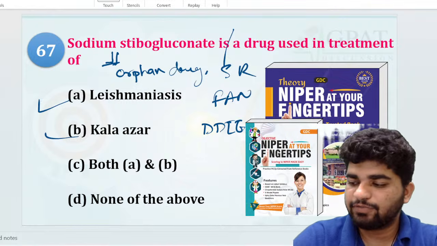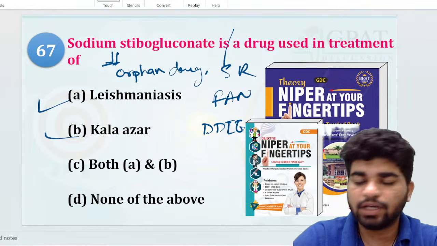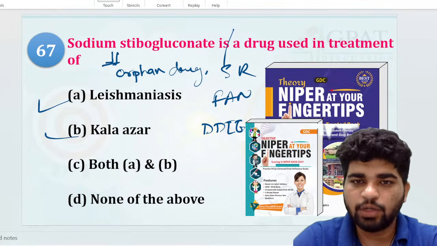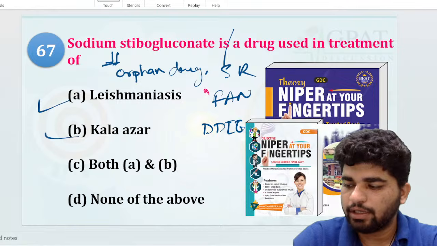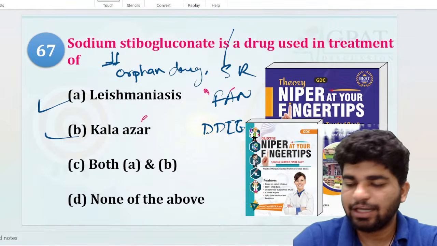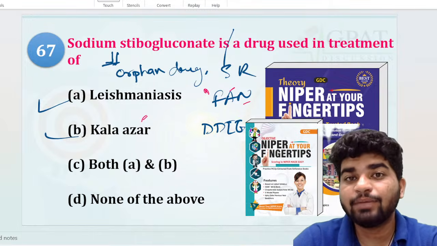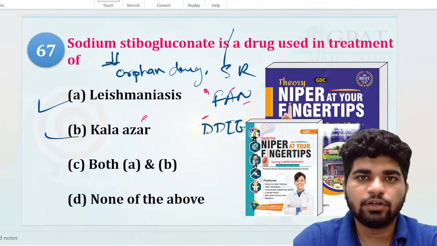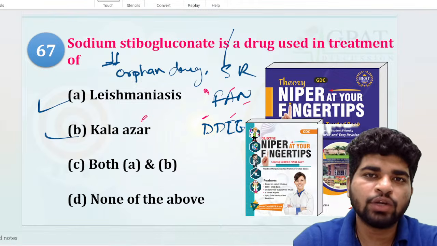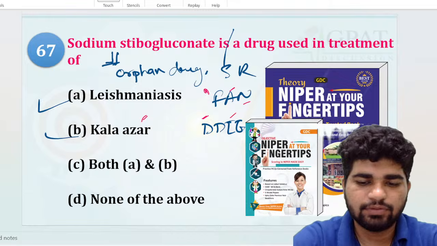S for sumatriptan, S for sodium stibogluconate, R for rifampicin, rifabutin, F for fomepizole, A for amphotericin B, that is also used for leishmaniasis, N for nilotinib and nitrates, T for digoxin antibody, that's your Digibind, and L for liothyronine, that is your T3 thyroid hormone.